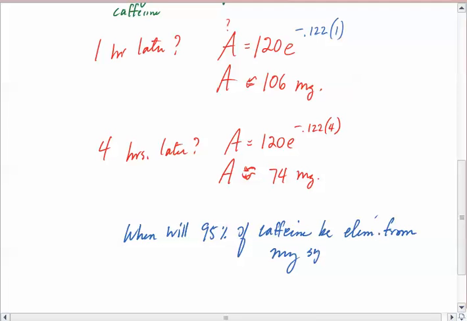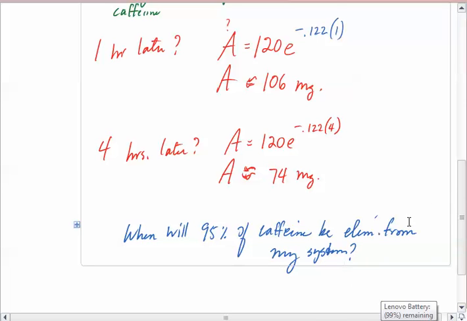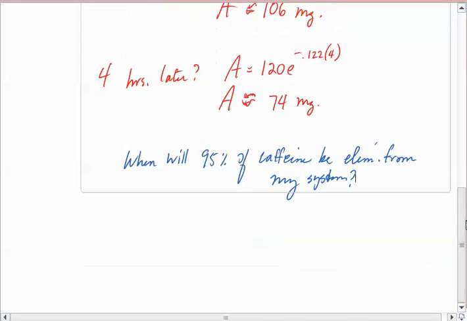So changing up the question just a bit. When will 95% be gone? It means when will I have only 5% remaining? In other words, when will the full amount be down to 5%?